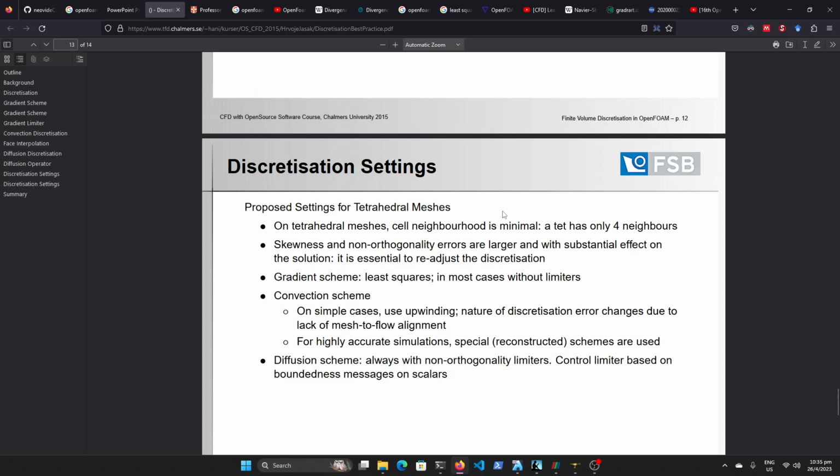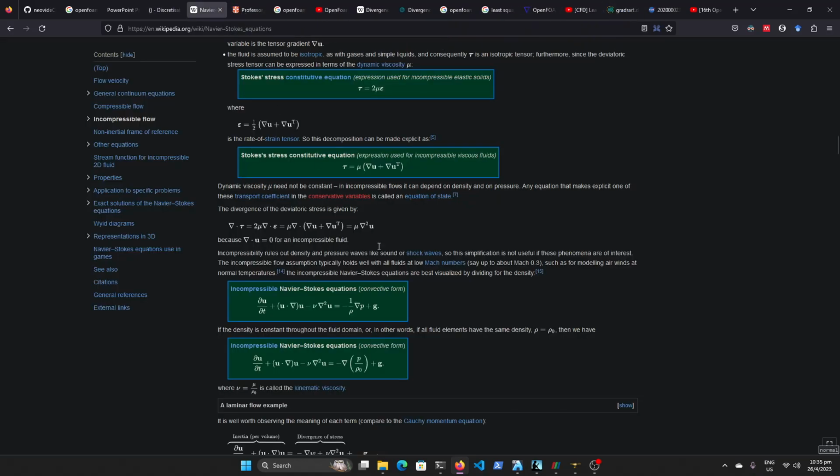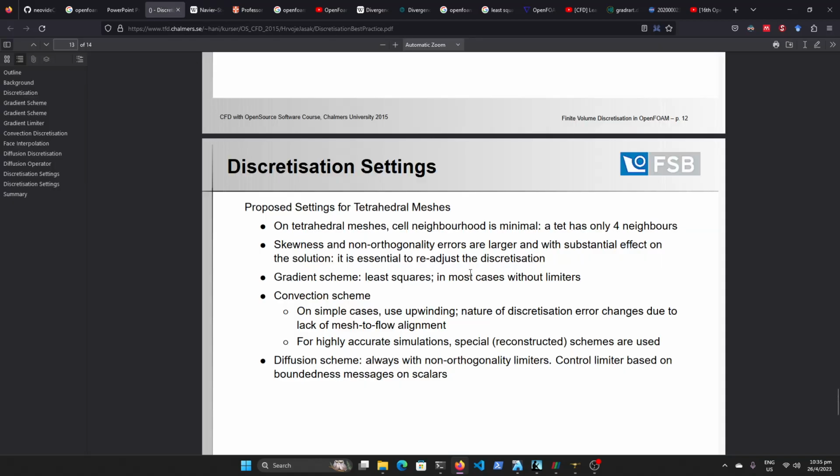So just to give a quick overview and point you to resources where you can find more information about what these schemes are, I'm going to quickly go through some videos other people have already posted, and they are probably way more experienced and better than I am. I just want to point you in that direction so that you can work better with tetrahedral meshes.